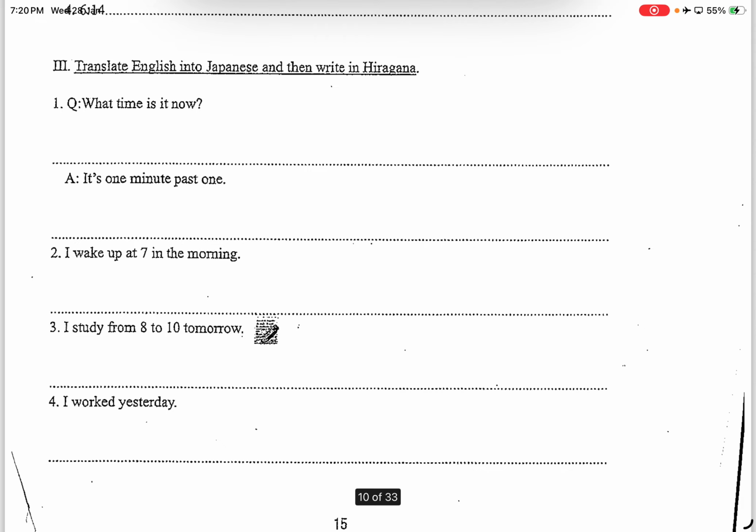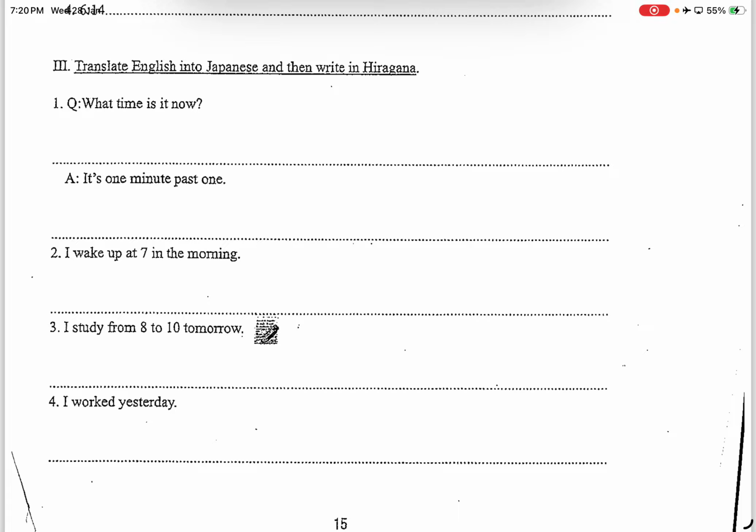What time is it now? 今何時ですか? The time that we are referencing should always be at the start of the sentence after the subject. In this case there's no subject, so we can just start with 今. 今何時ですか? Yes, it is 1 minute past 1. 1時1分です.